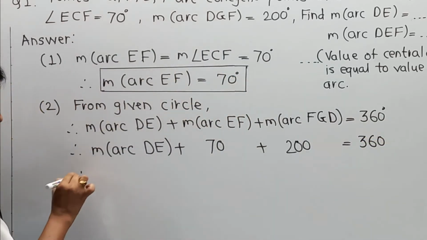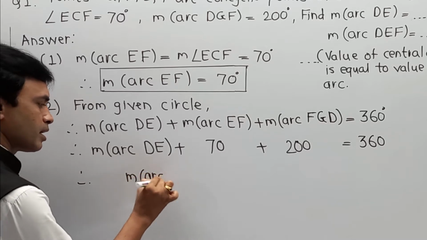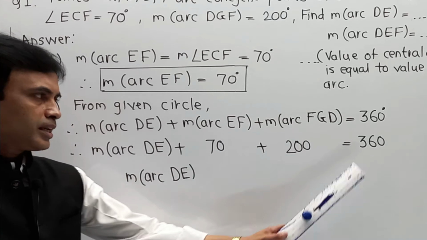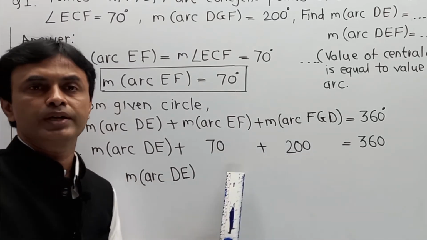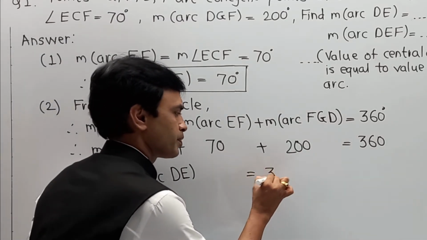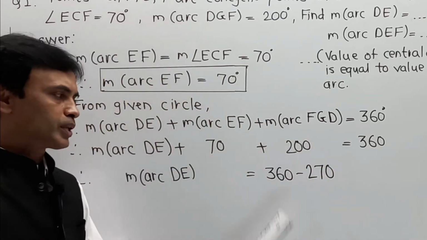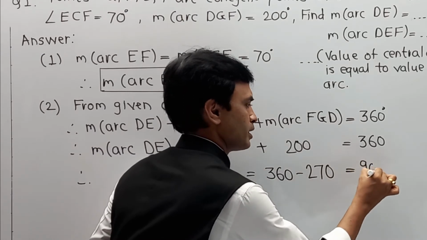Now simplification: major arc DE is equal to 360 minus 70 plus 200, that is 270. Shifting to that side, it becomes minus 270. So it becomes 360 minus 270, and we know that 360 minus 270 is equal to 90 degrees.